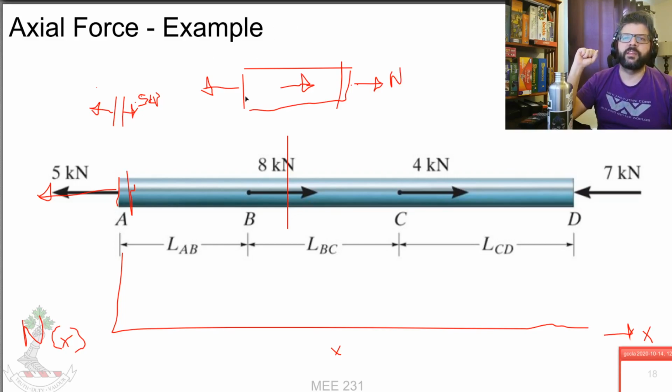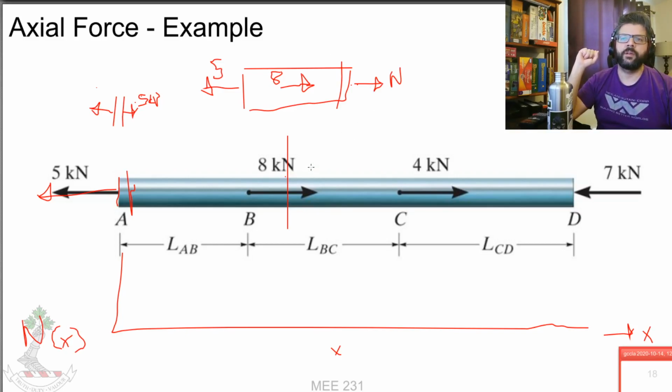So just taking the sum of our forces in the x direction, we'll have 8 minus 5 plus N. So when we solve for N, N is equal to minus 8 plus 5, so N is going to be minus 3.